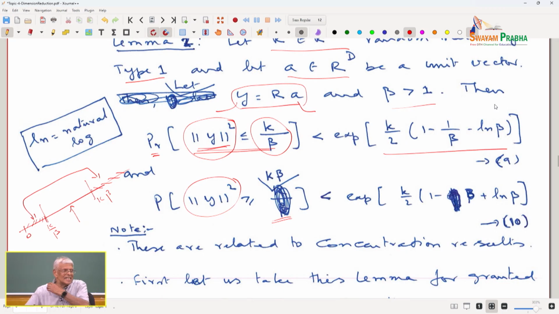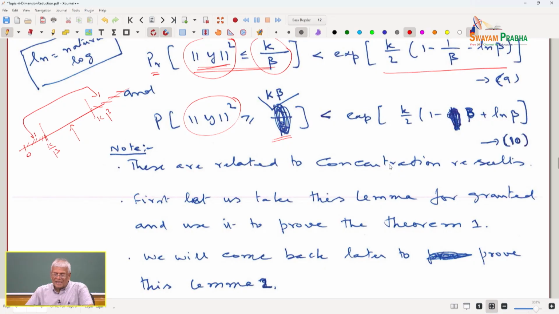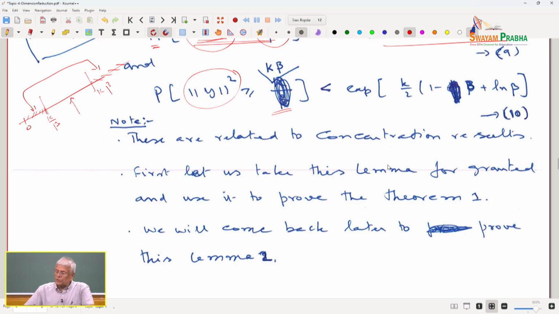This is where the tail distribution comes in very handy. These probabilities are upper bounded by exponential functions. You could readily have an idea that exponential bounds are general results of Chernoff type inequality. So these are related to the concentration results, measure concentration.